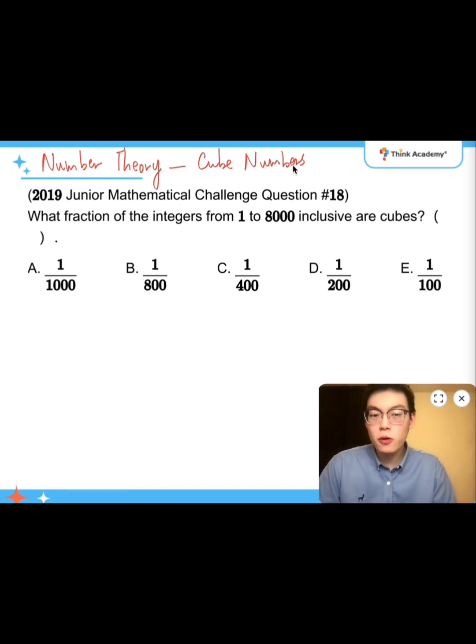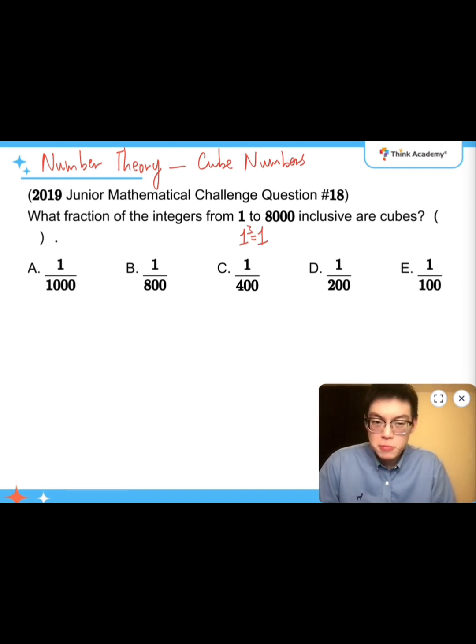So first of all, let's think about what is the largest cube within 8,000. We know that the smallest cube is going to be 1 cubed, right? And what is the largest cube within 8,000?